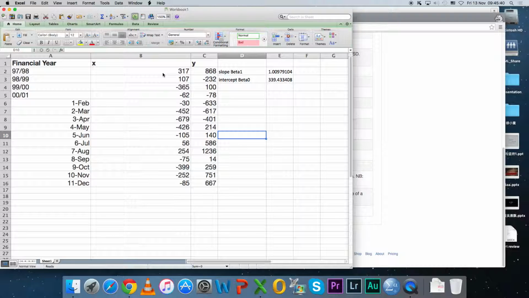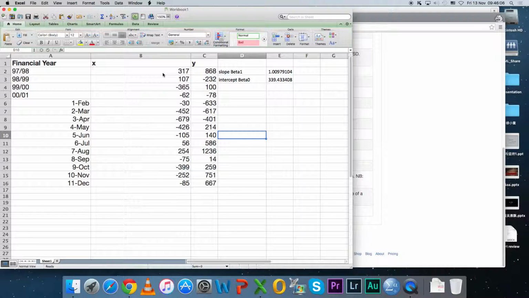And then the slope. Suppose that one is 100, and this one is 101. So the estimated surplus increases by 1. Okay.